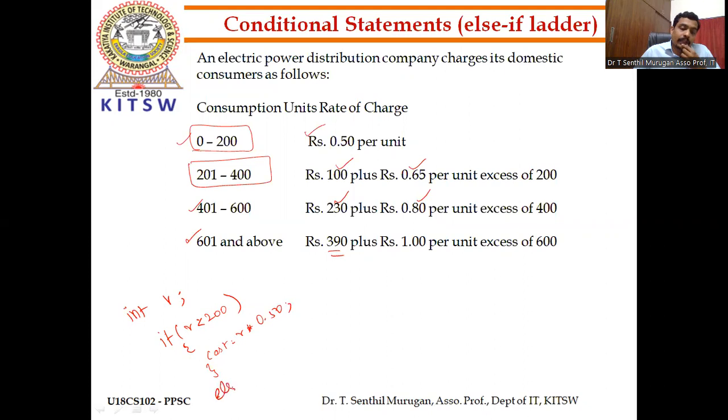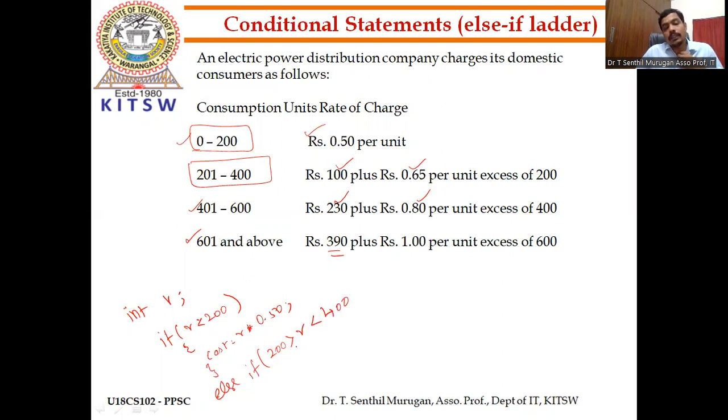Else, if it is not less than 200, else if, again I am checking another condition, 200 to 400. How can we check it? It is greater than 200 and less than 400.